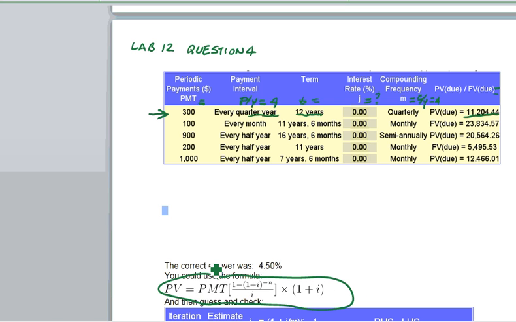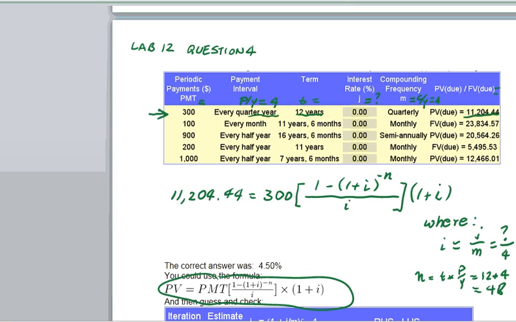T is equal to 12 years, and payment is equal to 300. If we substitute for that, we're going to have 11,204. If we did not have a calculator, we would have to do a series of iterations. We would basically say the left hand side is 11,204.44.